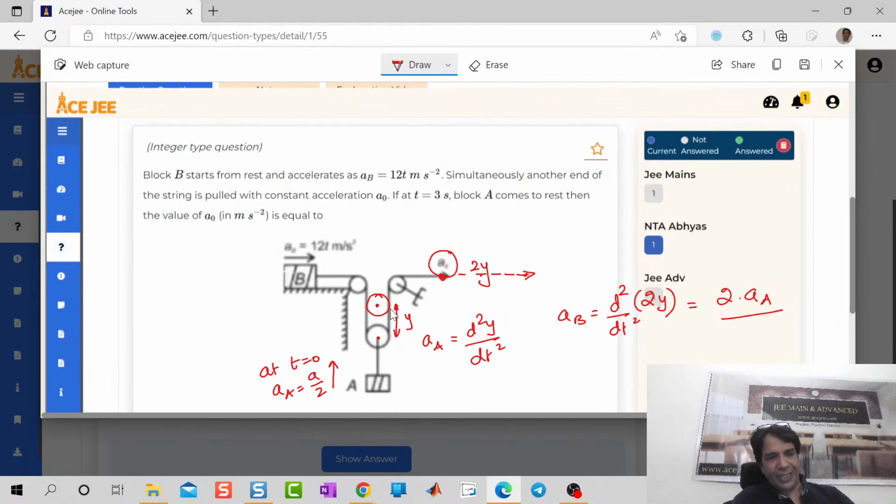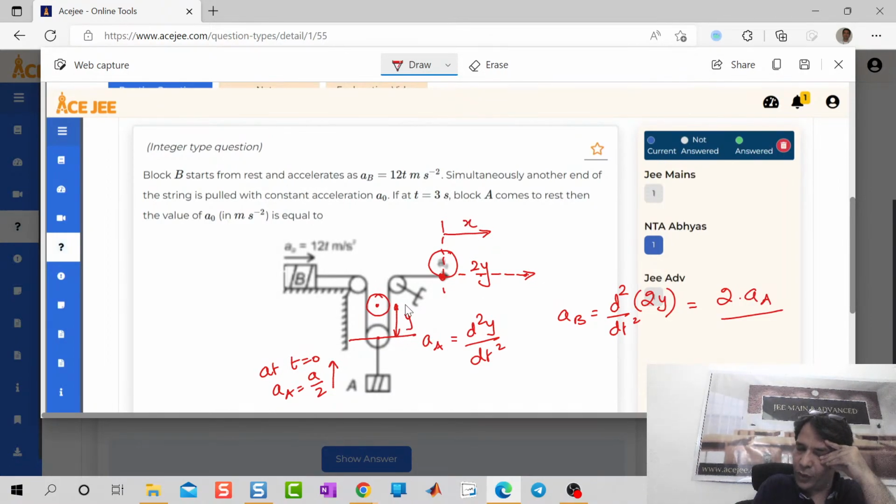The same relationship will hold true. I'm saying y is the coordinate measured. Let's say this is the initial position, and this is how you measure y. And let's say this is the original position, and this is how you measure its distance. This distance is 2y, or let's call it x.